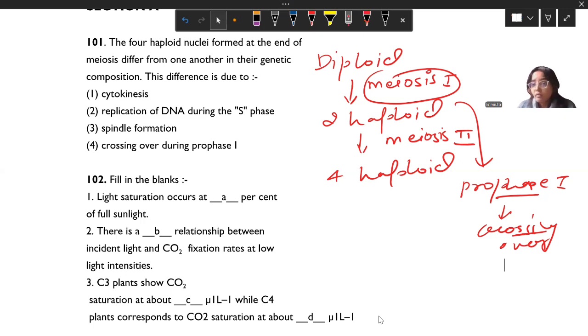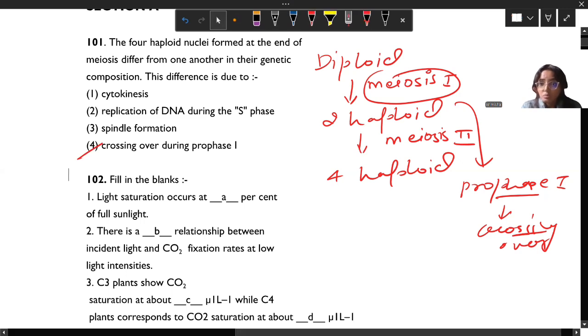Spindle formation: the spindle is a protein structure which helps bring chromosomes near the equator of the cell, so that is definitely not the reason for genetic variability between offspring of meiosis. So options 1, 2, 3 are ruled out. What are we left with? We are left with the fourth option. So the answer to question 101 is option number 4.